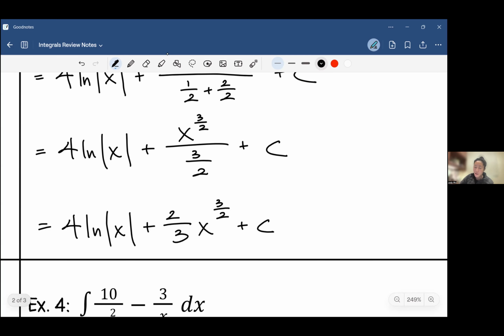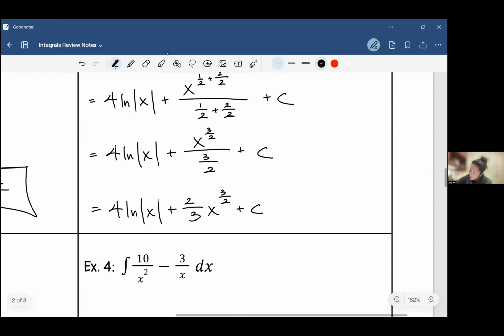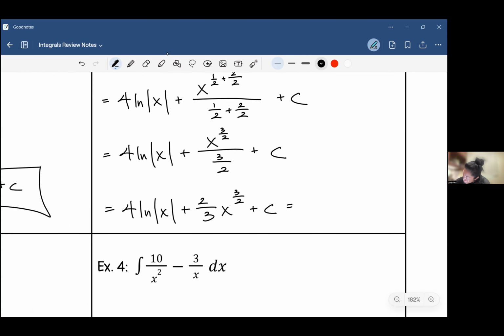All right, and we're going to take it one more step. How do we get this back into a radical form? Because that's the way the question was asked. Ooh. 4 natural log of the absolute value of x plus 2/3. And I'm going to squeeze this in a little closer so it won't go over the line later, but it'll be the same thing as the cube root of x squared plus c.